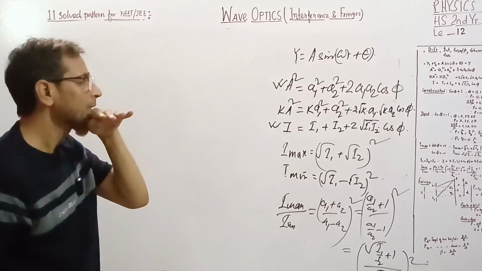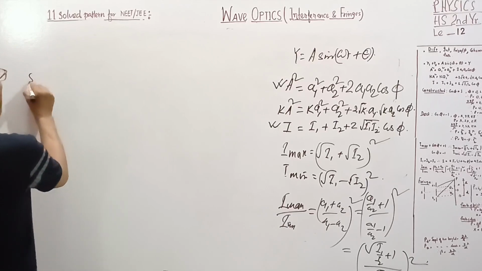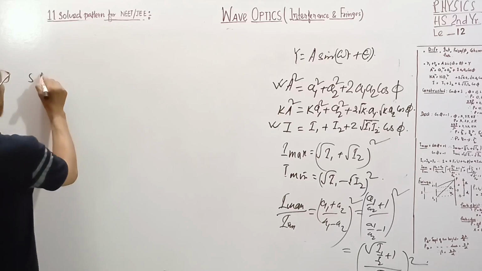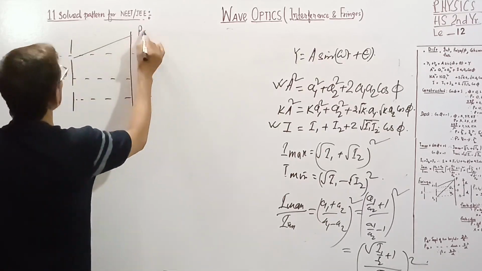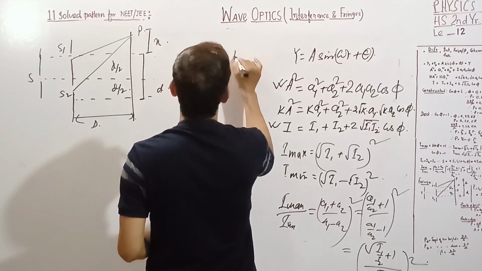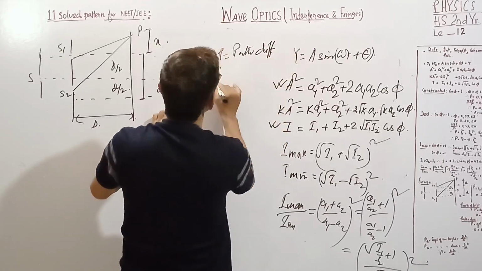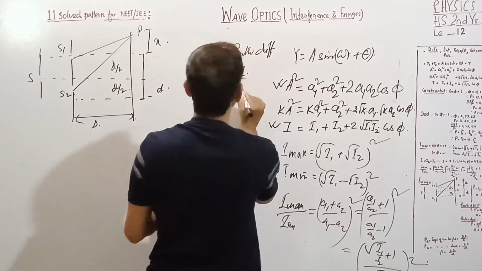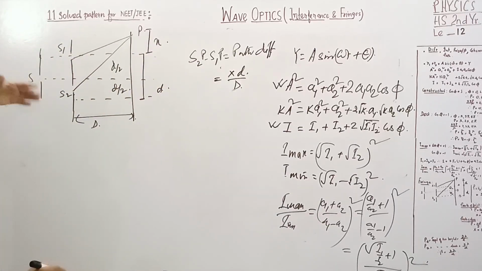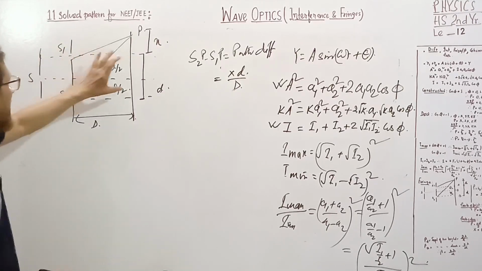Another example is the path difference. I am not drawing fully for the sake of time, but in a short way, from the source S the light is emitted and passes through the two slits S1 and S2 separated by distance d.